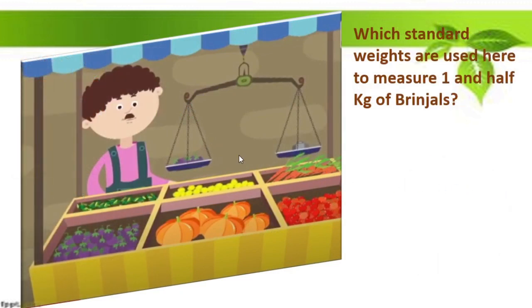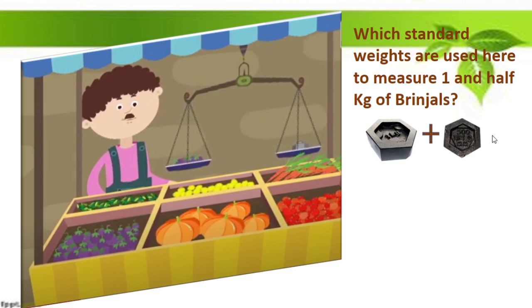Now one sum is there. Which standard weights are used here to measure 1.5 kg of brinjals? Here brinjals are there in one pan. Which weights will this man use to measure 1.5 kg? Yes, you are right. A 1 kg stone, and he will use a 500 gram stone.